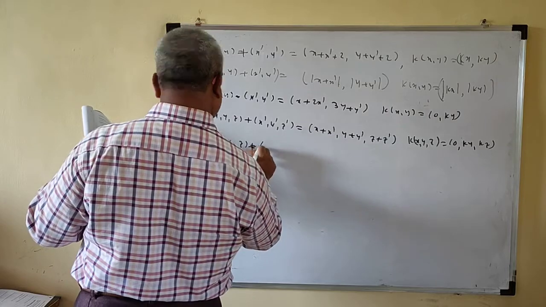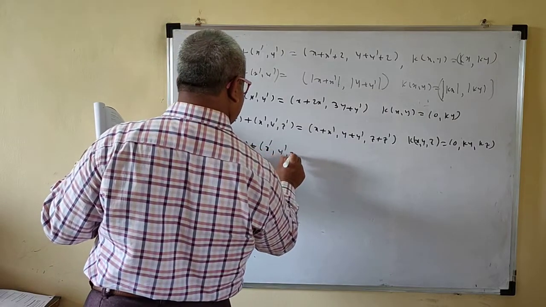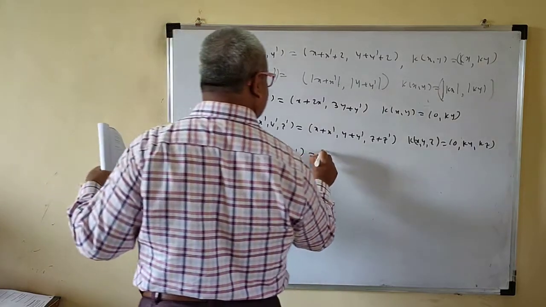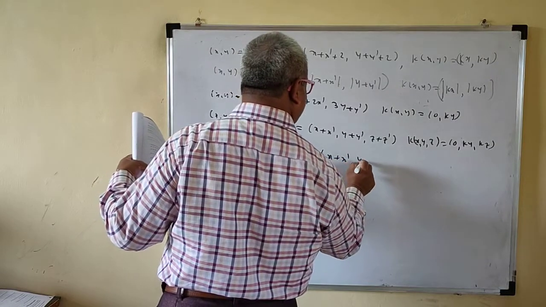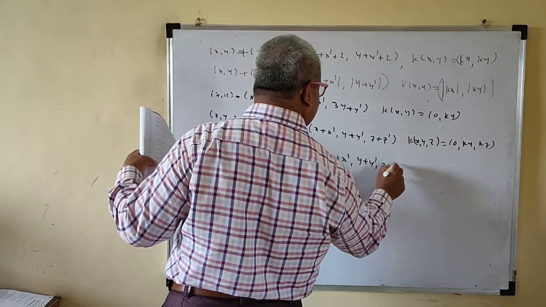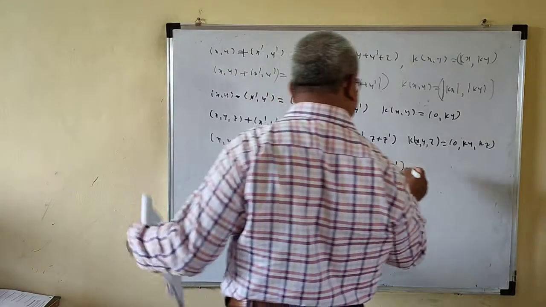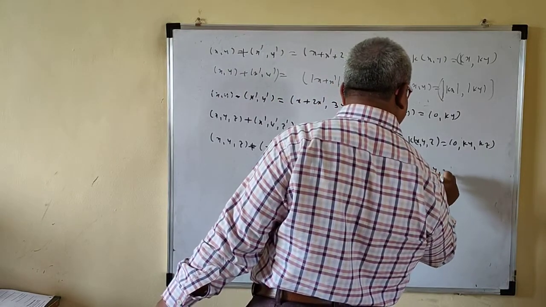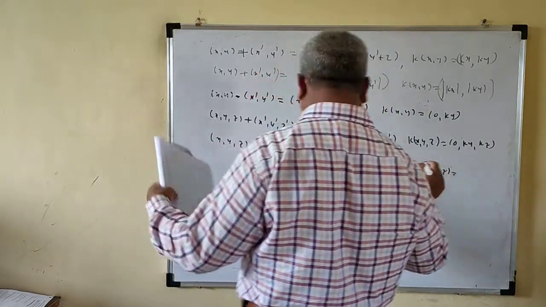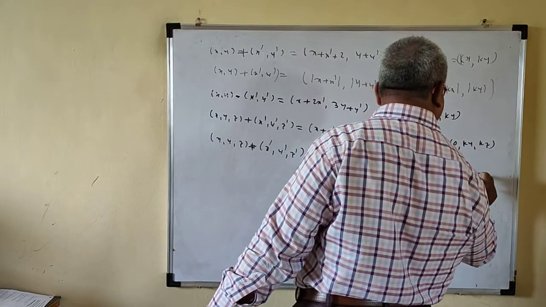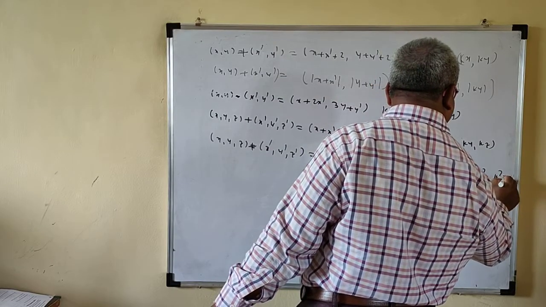Then (x, y, z) + (x prime, y prime, z prime) = (x + x prime, y + y prime, z + z prime), k(x, y, z) = (k square x, k square y, k square z).